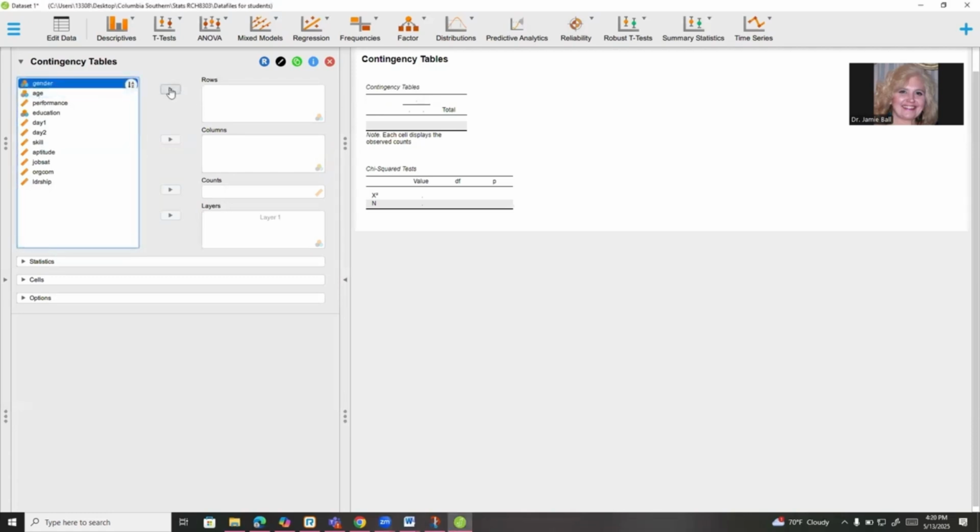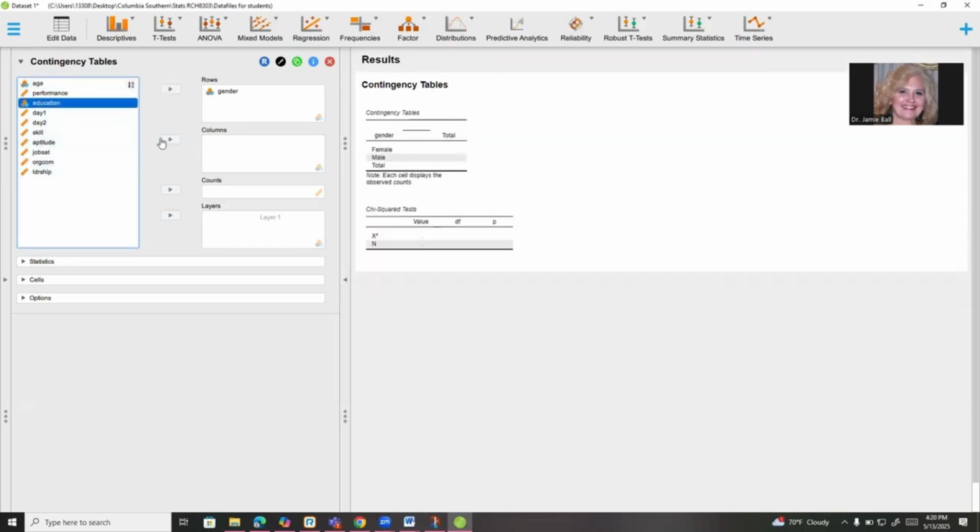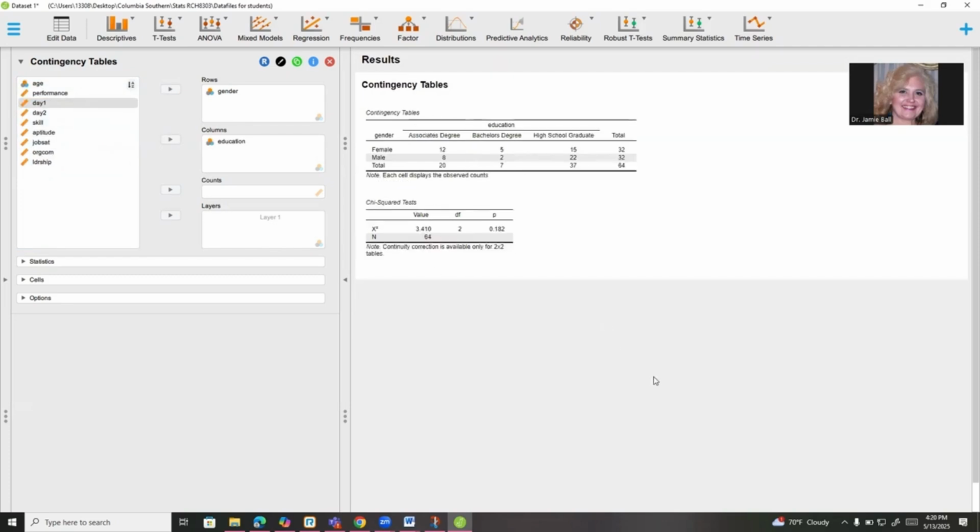So I can just put gender on one row and education on another row. It doesn't matter. Okay. And then here's my frequency table.